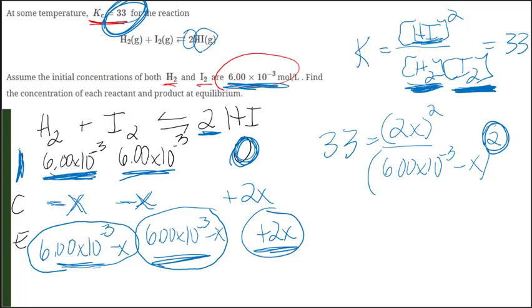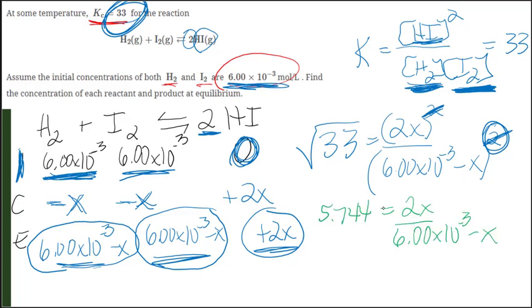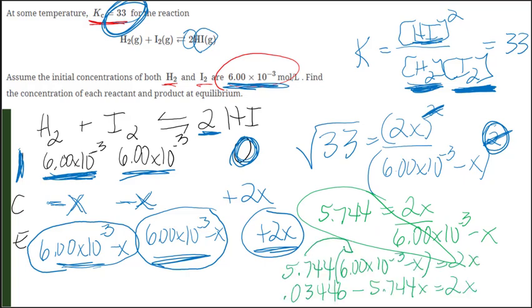Then I can look at this and go, oh, if I have a square on both sides, I can square root the left side, leaving me with 5.744 is equal to 2x over 6.00 times 10 to the negative 3 minus x. Now let's cross multiply. After I distribute my 5.744 times 6 times 10 to the negative 3 and my 5.744 times negative x, I get this.